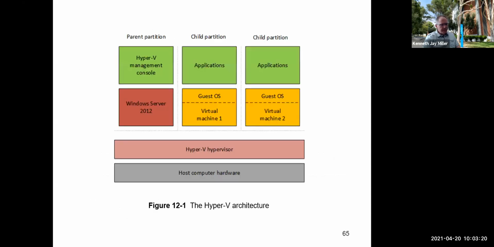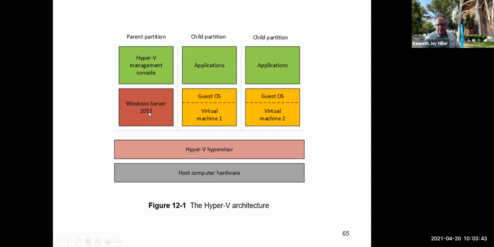All right, so here's a typical configuration where we have the hardware layer, the type 1 hypervisor, and then the parent partition, which holds the Hyper-V management console, built into the operating system.